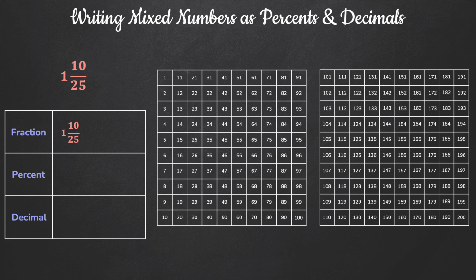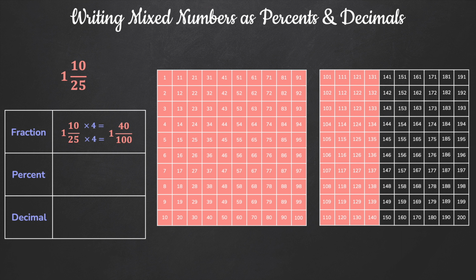And we can multiply 25 by 4 to get 100. So we're going to multiply the numerator and the denominator by 4 because whatever we multiply the denominator by, we also have to multiply the numerator by. So the whole number stays the same, but 10 times 4 is equal to 40, and 25 times 4 is equal to 100. So we have 1 and 40 over 100.